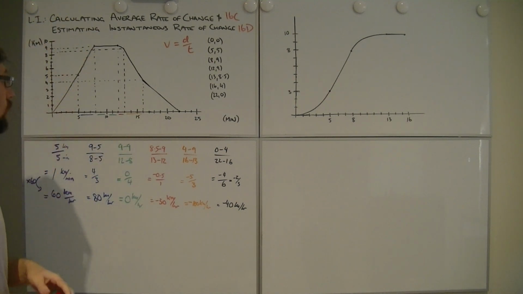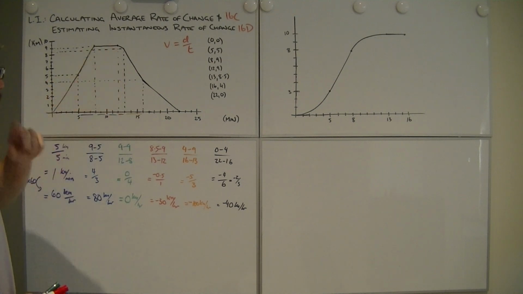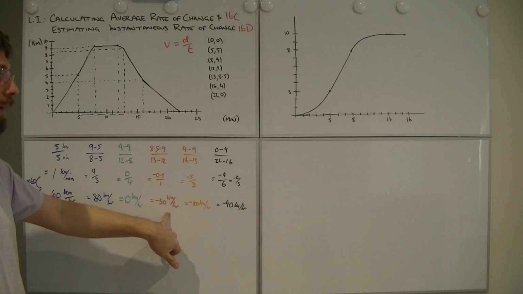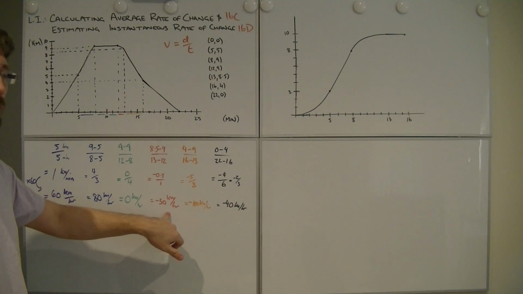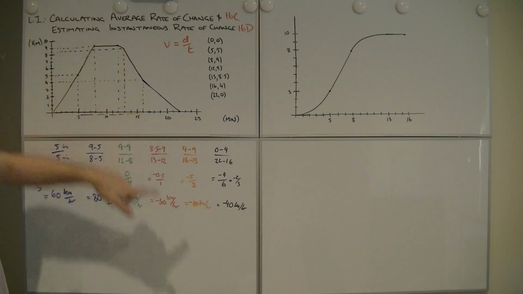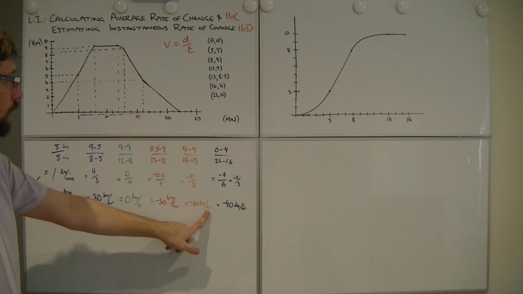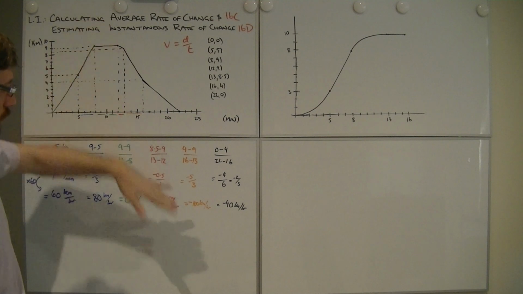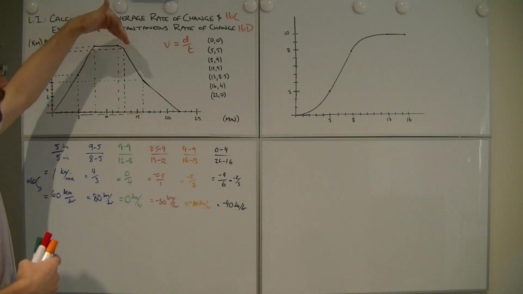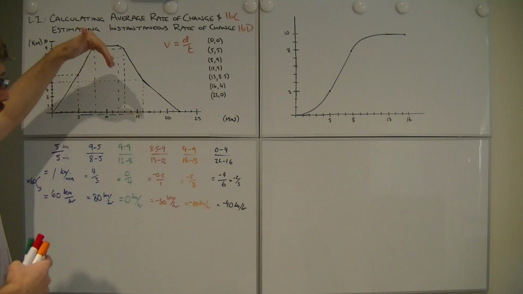Fine. Then we've got this little red section. Okay, what's happening? I now have a negative velocity. What does that mean? It means I'm going back the way I came. So I'm going back home. Okay, fine. Similar story, negative 100 kilometers an hour. Okay, well, that means I'm going home quite a bit more quickly. Great.